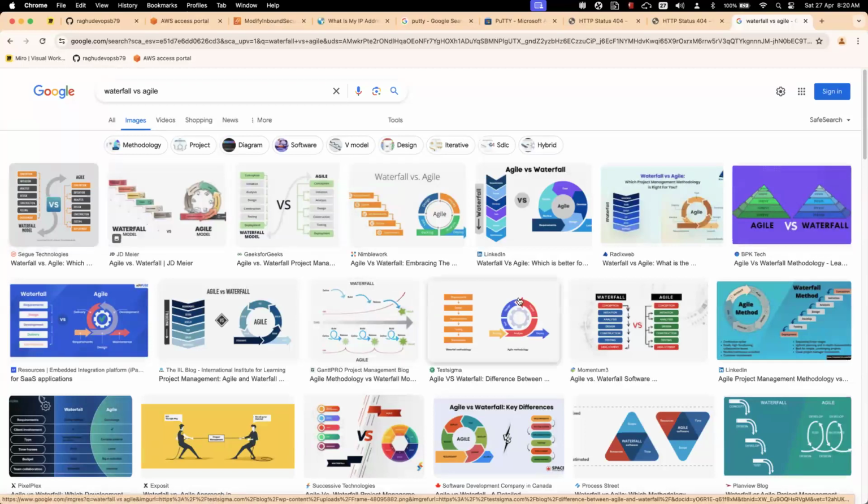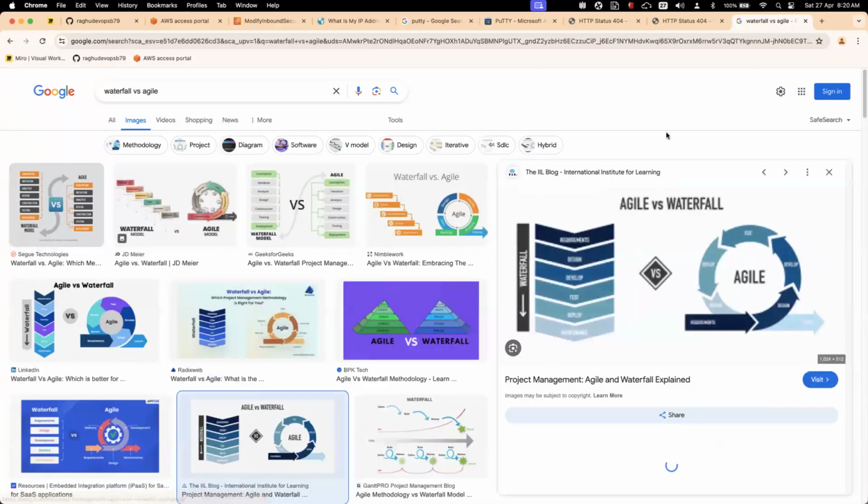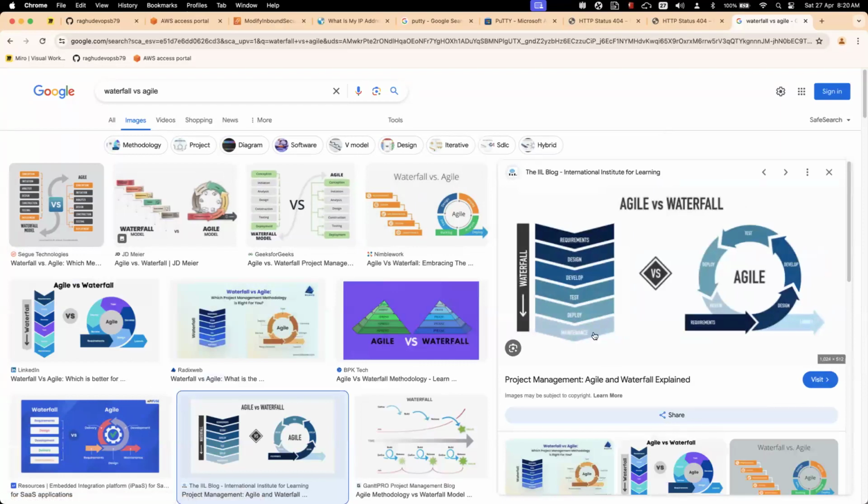Waterfall means you gather all the requirements and start learning the things, and ultimately by the end you will be completing. But what we do is a little agile way, not exactly in this pattern, still it's in between waterfall and agile, I would say. Not exactly agile or exactly waterfall.